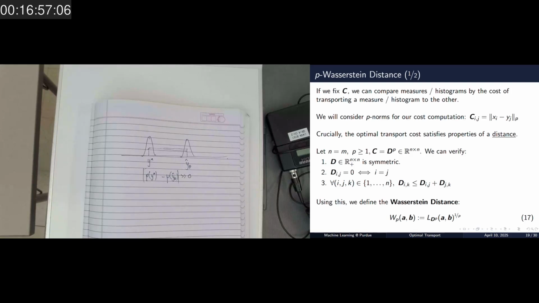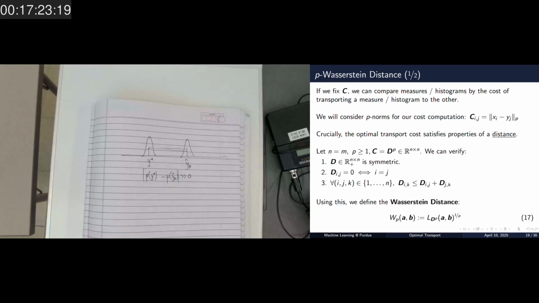No, I know, but like here you said C is equal to D to the power of p. Why is it not the other way? I'm a little confused about that because we define C as being the p norm. Oh, it is not raised to the power of p. It's just the pth norm. D of the pth norm. It's not raised to p. Okay, that's my bad. Okay, I was a bit confused.